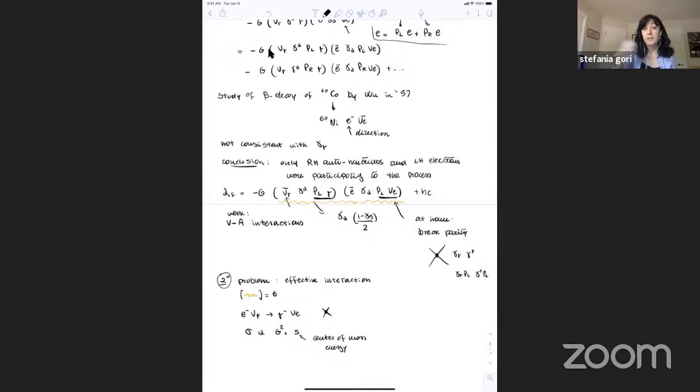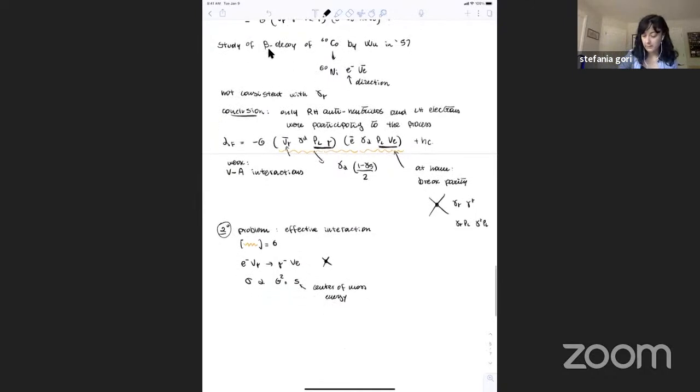And you see that in principle, you can imagine doing this experiment at higher and higher energies, and at a certain point, in the limit, this goes to infinity. So in this sense, this theory is not well behaved, and what we say is that we are breaking perturbative unitarity. So we don't like this type of Lagrangian, but interestingly enough, this is a sort of low energy description of our weak interactions.